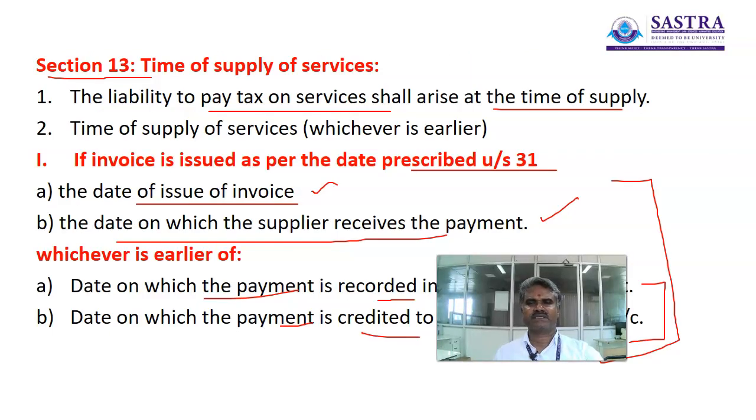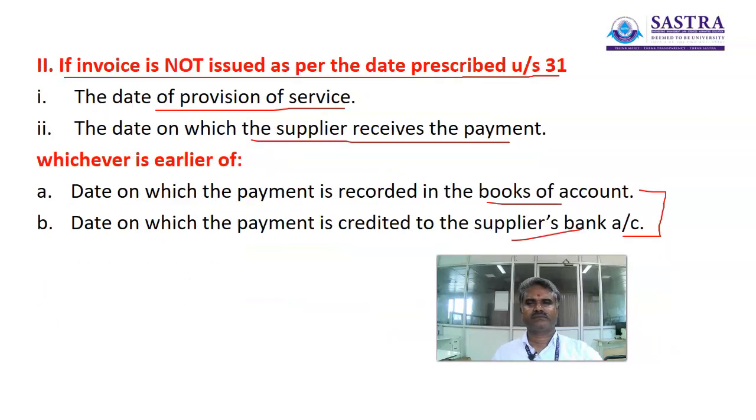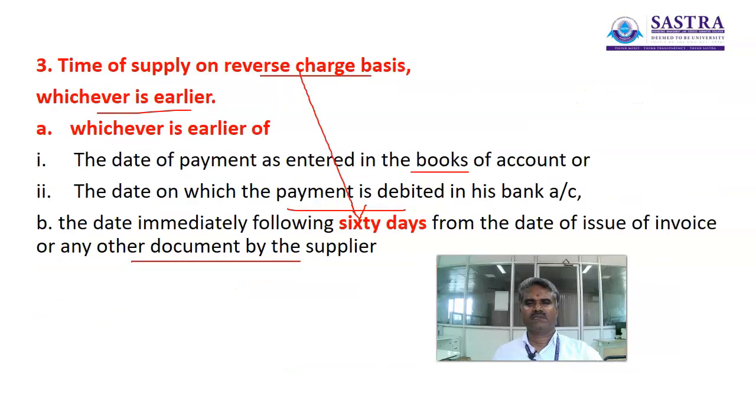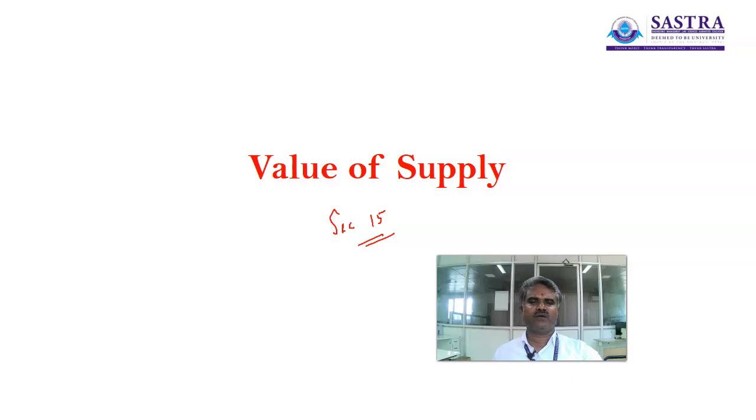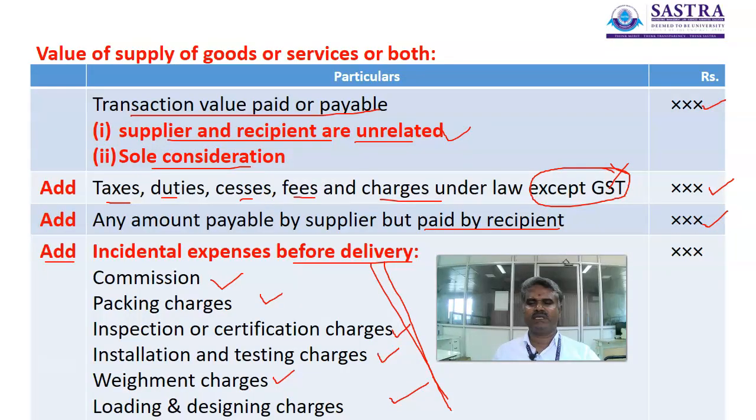And time of supply of services, Section 13. And reward charge. Time of supply for voucher, then value of supply, Section 15. So these are the points we discussed.